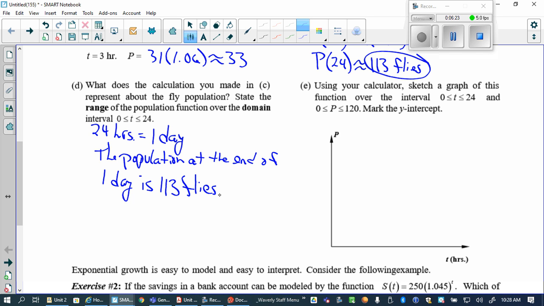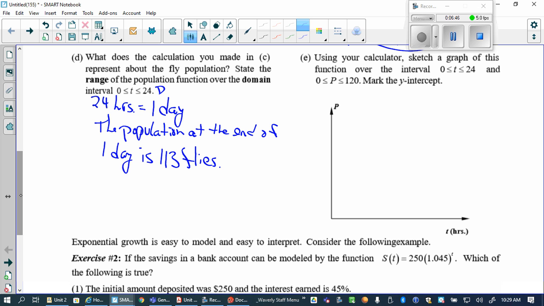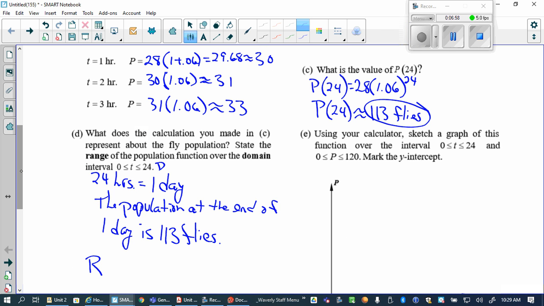So this is our domain, 0 to 24, the inputs, 0 hours to 24. What's the domain? All the input values that are possible, the x's, and range is the y's, remember? So now I want to find the range. Range is the output of our function. What's the lowest value of our function? It started with 28 flies.